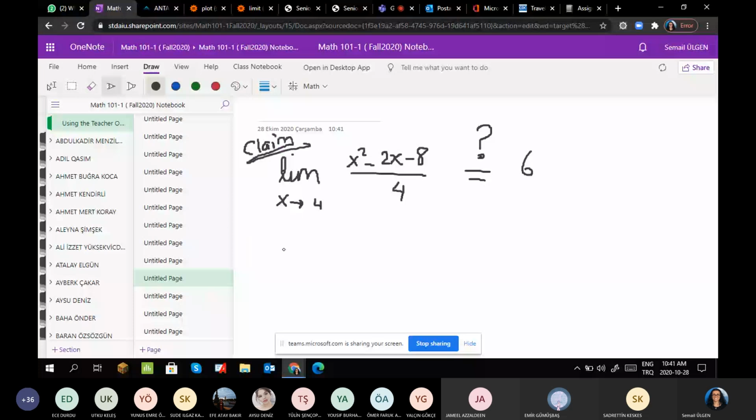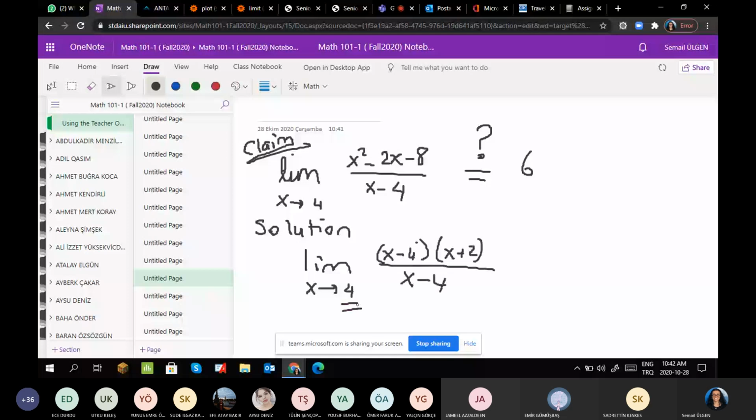Solution. Limit as x approaches 4. I'm going to factor this out as x minus 4, I'm so sorry, x minus 4 times x plus 2 over x minus 4. Since here x is approaching 4, x is not 4, so you can cancel them. You're allowed to cancel them.